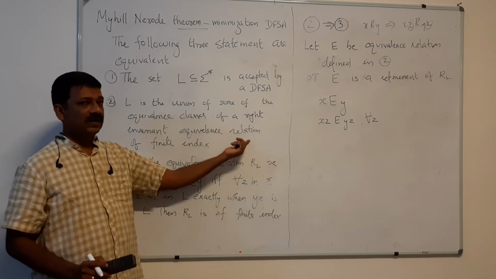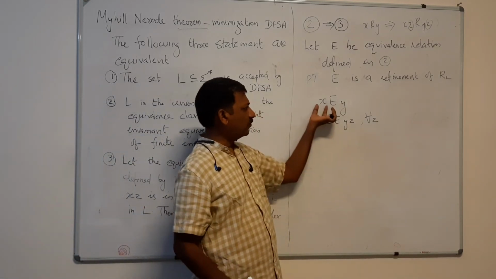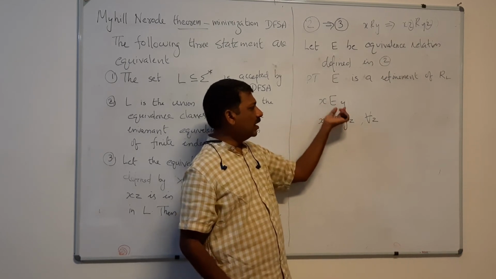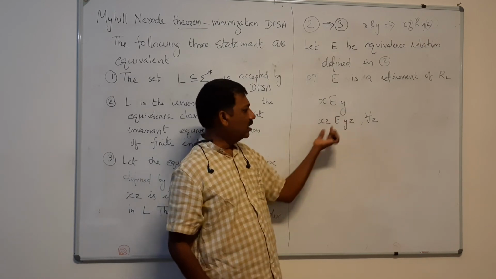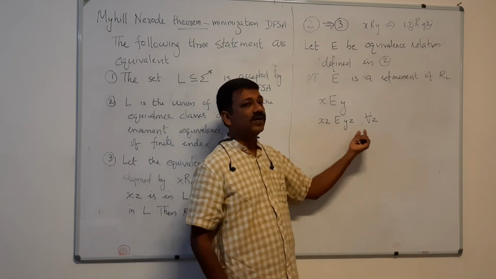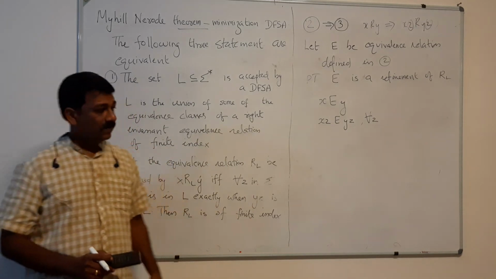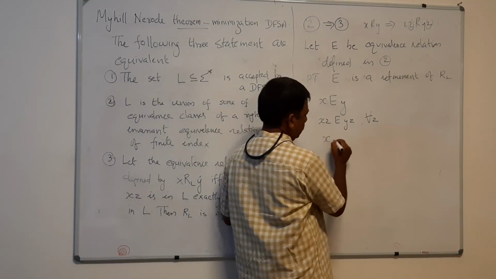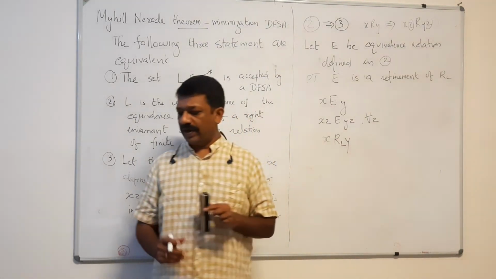Right invariant equivalence relation means, if you are appending a string to the right of X and the right of Y, and X is related to Y as per our equivalence relation E, then X Z is related to Y Z for every Z. Then we can say that X RL Y.